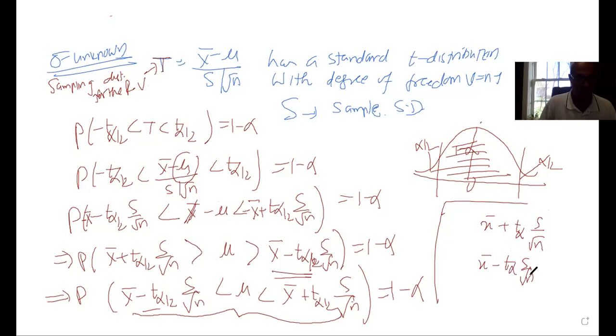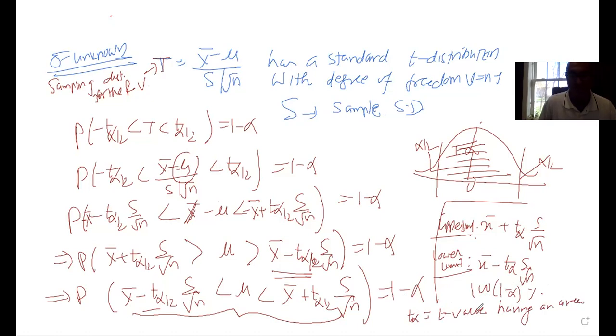These are the upper and lower limits, the 100 times 1 minus alpha percent bounds respectively. And T alpha is the T value having an area of alpha to the right.